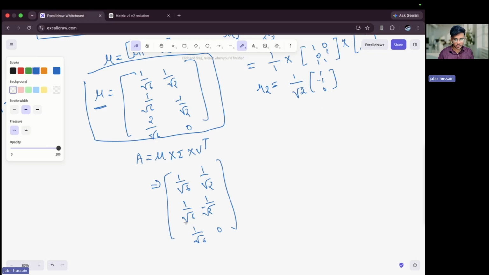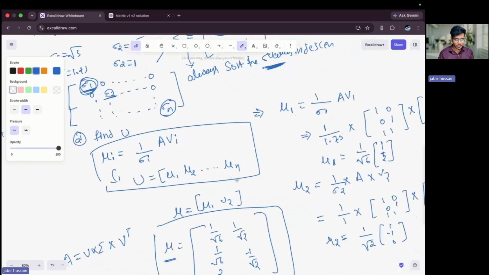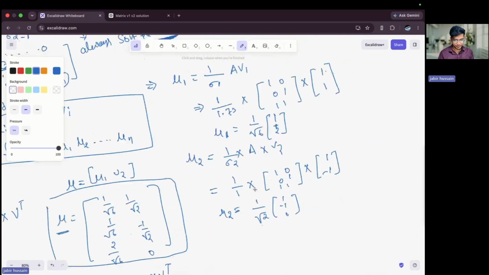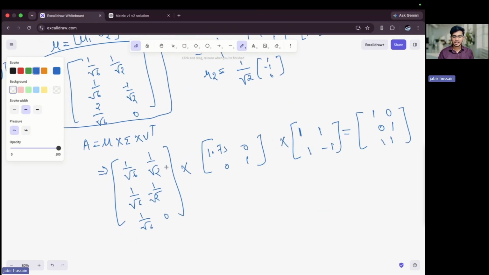Multiply it with sigma, 1.73 0 0 1, and multiply it with VT, which is 1 1 1 minus 1. You will get the answer, which is 1 0 0 1 1 1 as A. Like this, we calculate the singular value decomposition.